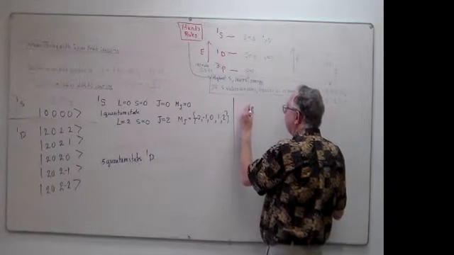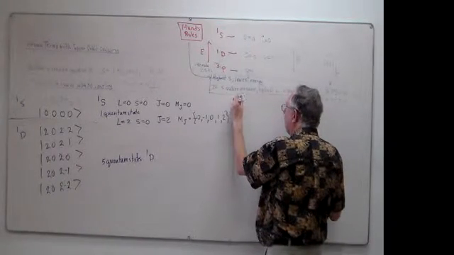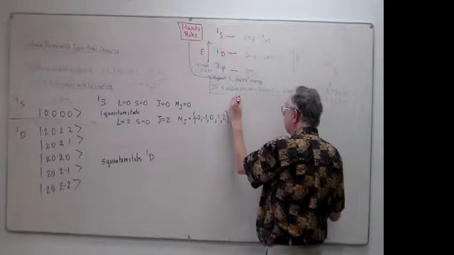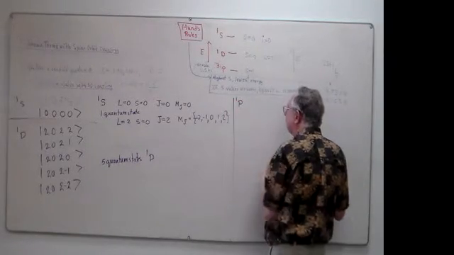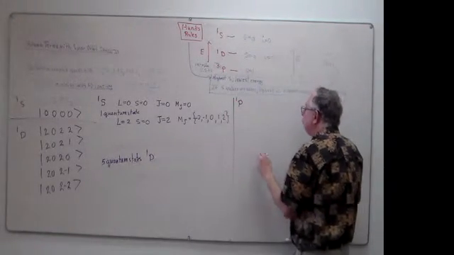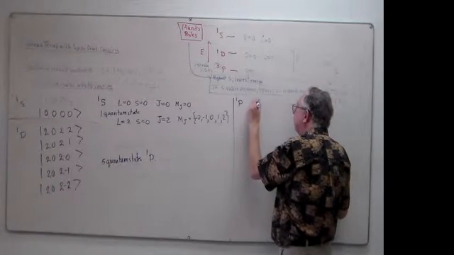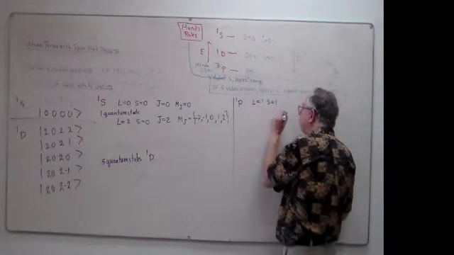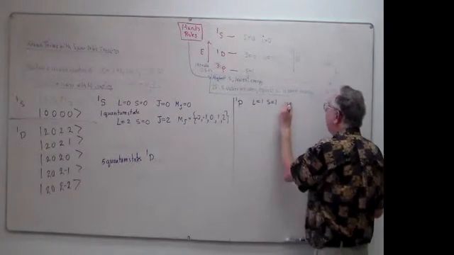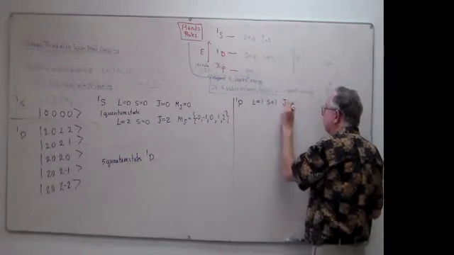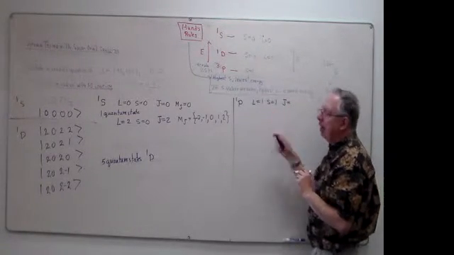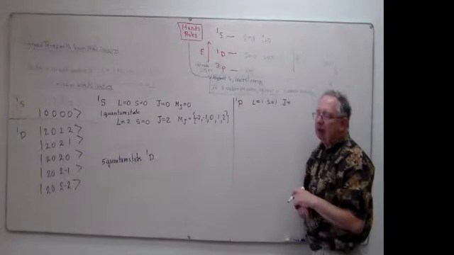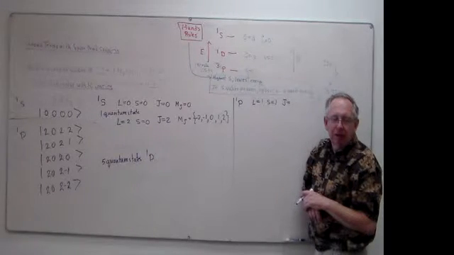Now let's do the P. The P has L equals 1 and S equals 1. So what are the possible values of J if L and S both equal 1? 2, 1, and 0.